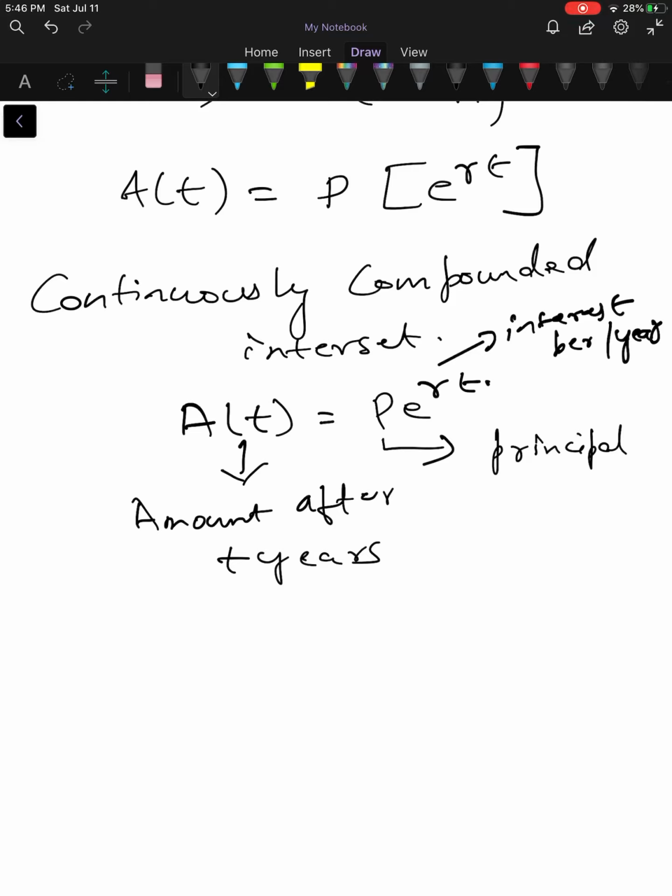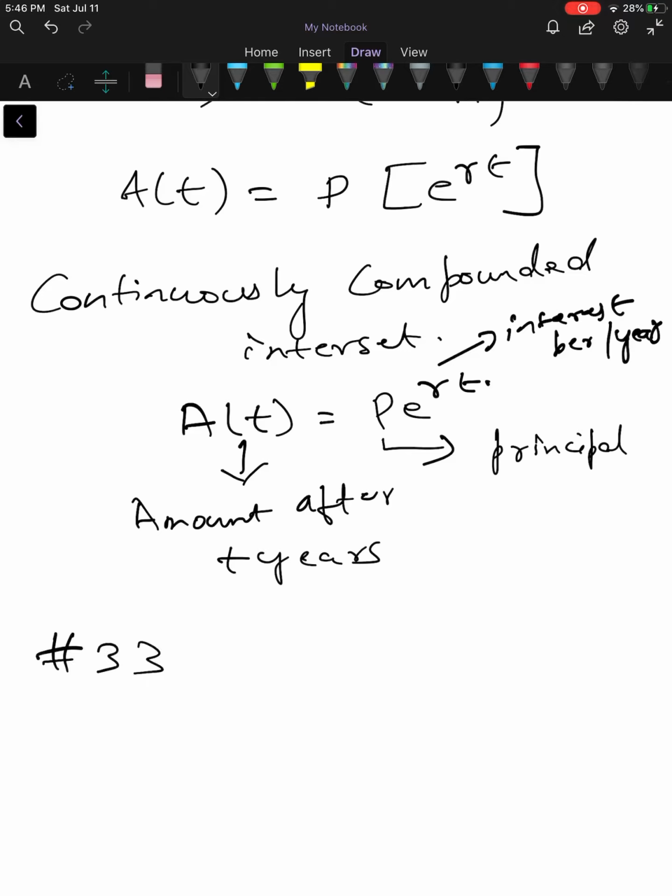If we have to solve an example, let us do problem number 33 in the book. It may be a part of your homework.